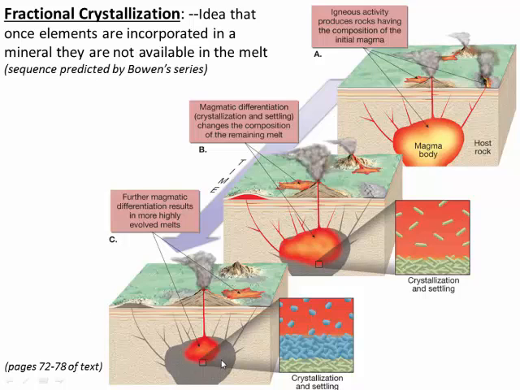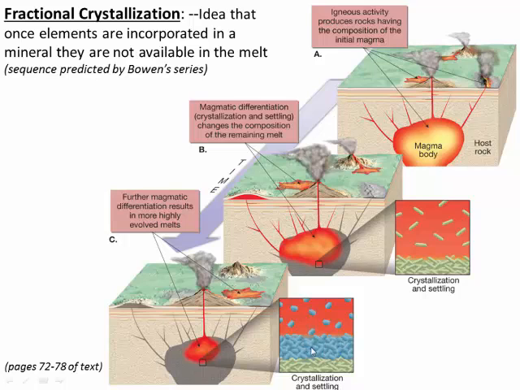So now, according to Bowen's reaction series, we're forced to start making these more complicated silicate minerals that are going to start sharing oxygens, and they can utilize the remaining +1 cations, maybe like potassium or sodium. And the result is that we crystallize more complicated silicate structures, maybe potassium feldspar or sodium plagioclase.